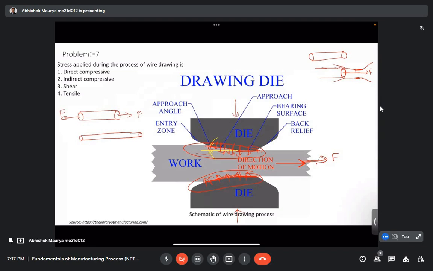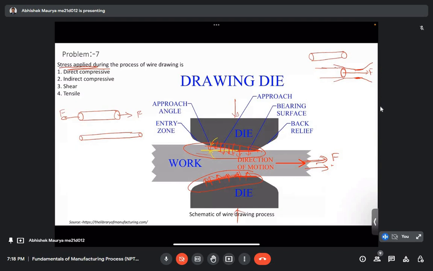So from the user's end, we are applying a pulling force or tensile force during the process of wire drawing.